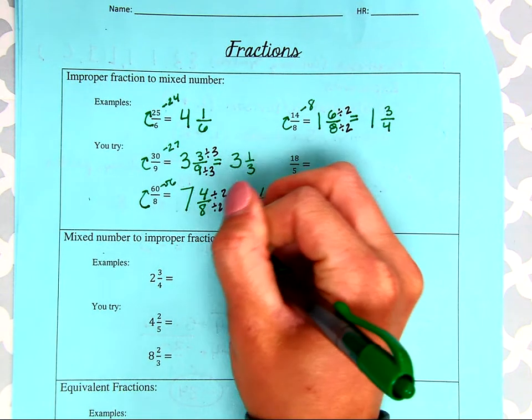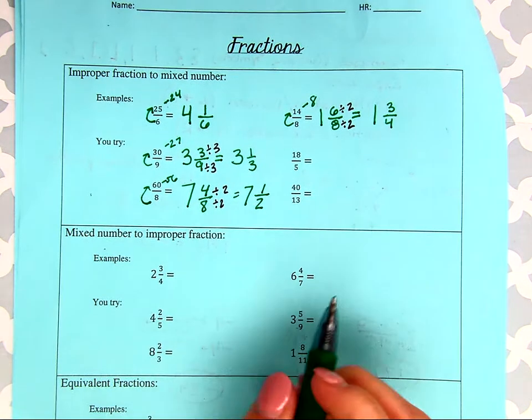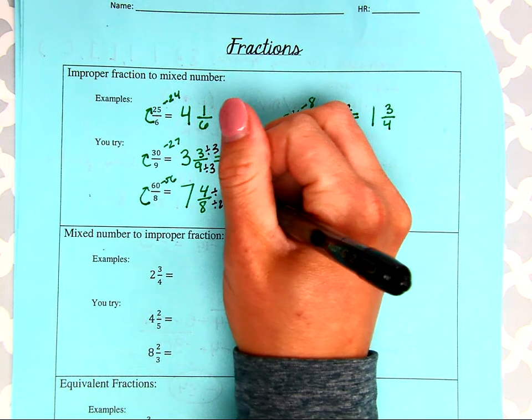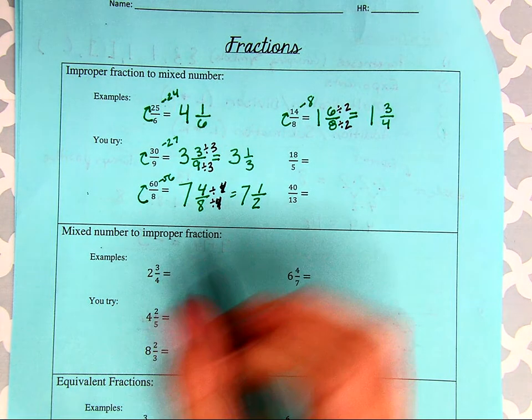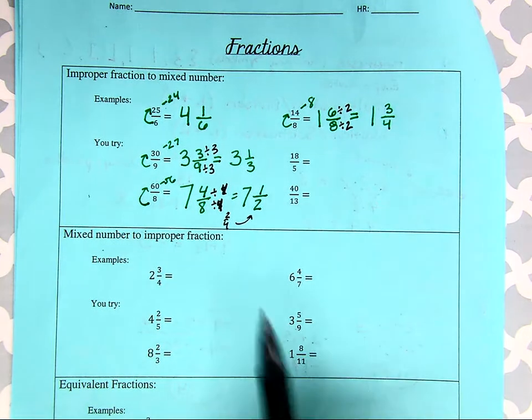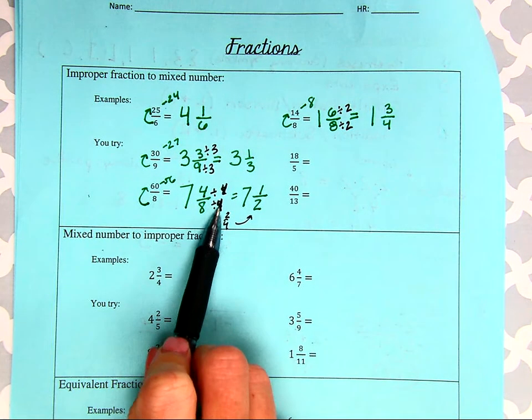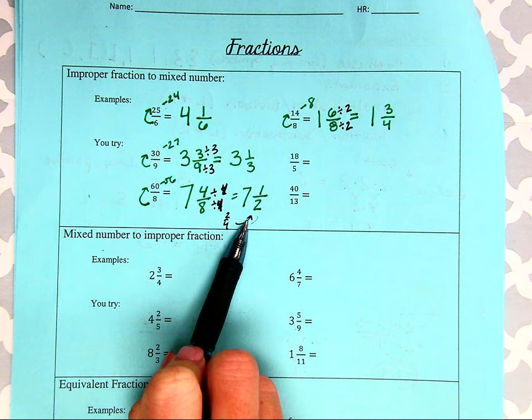And then make sure you bring your whole number over. I wrote that down wrong. I'm going to divide by 4. If you divided by 2, you would get 2/4, and then you could divide by 2 to get the 1/2. So I was doing both in my head there. But your simplest mixed number is 7 1/2.